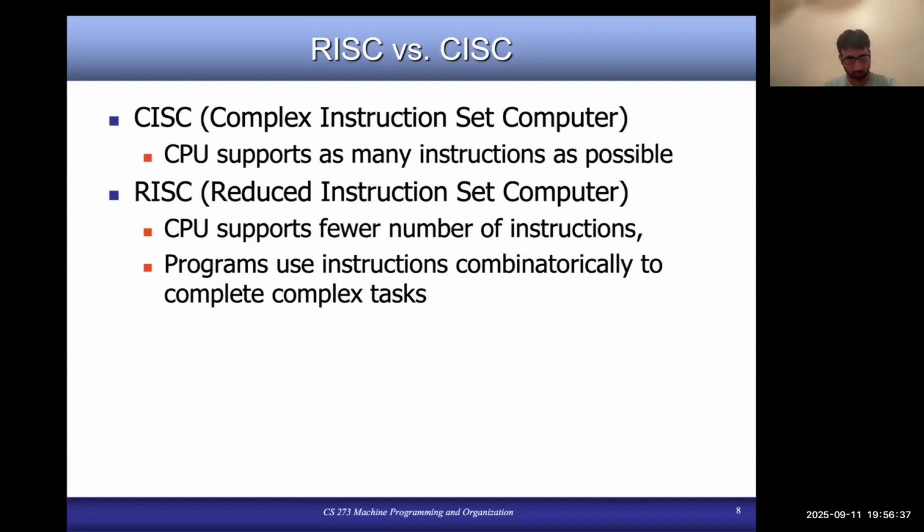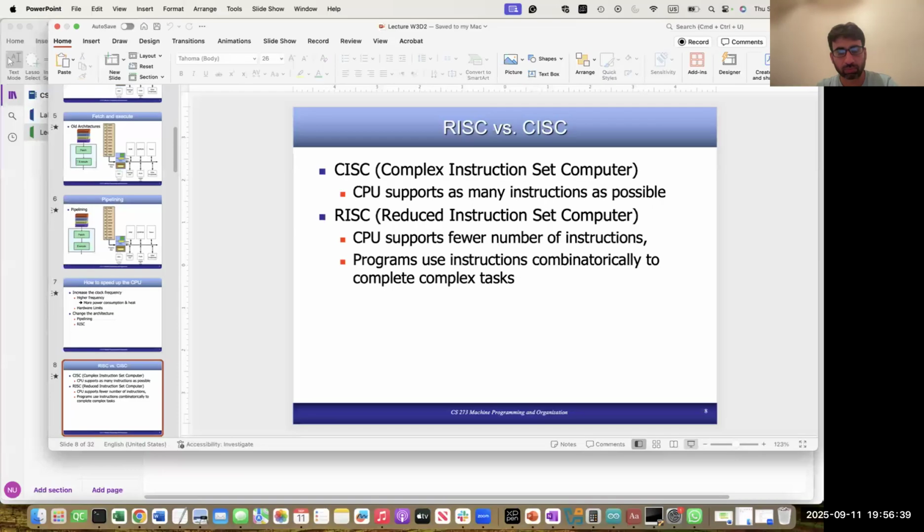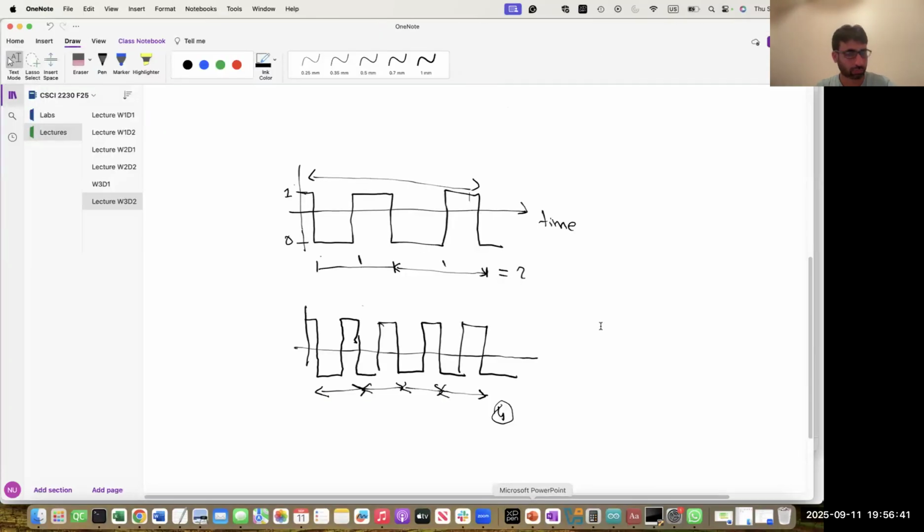Let's say you have a CISC processor, I'm just giving an example, and you want to implement the multiply operation, right? It will provide you a multiply instruction, or mul instruction.